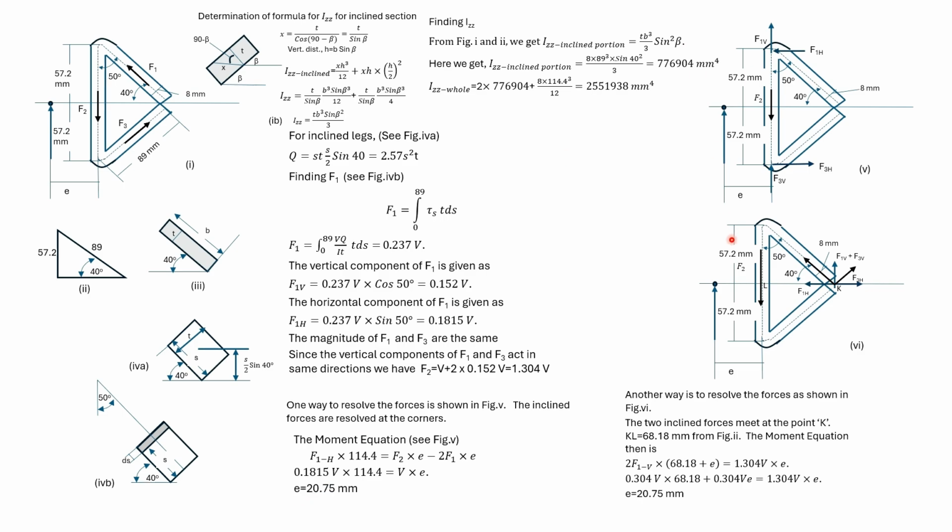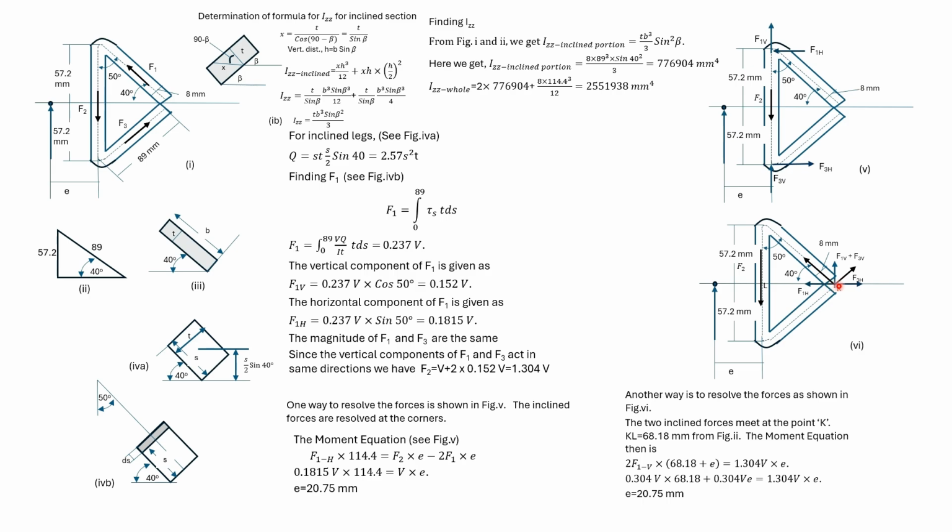Another way to resolve the forces is shown in this diagram. These two forces pass through the point A. AL is 68.18, which can be obtained from this diagram. If we resolve the two forces in horizontal and vertical directions, then the horizontal components will cancel out.